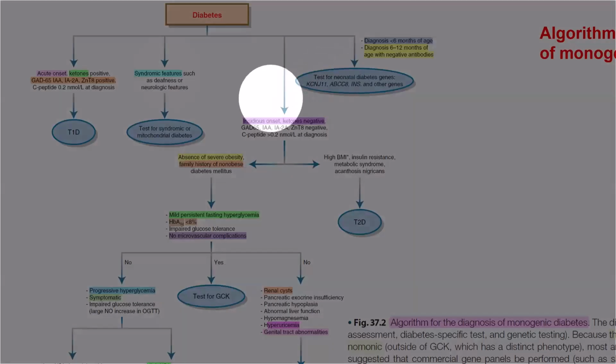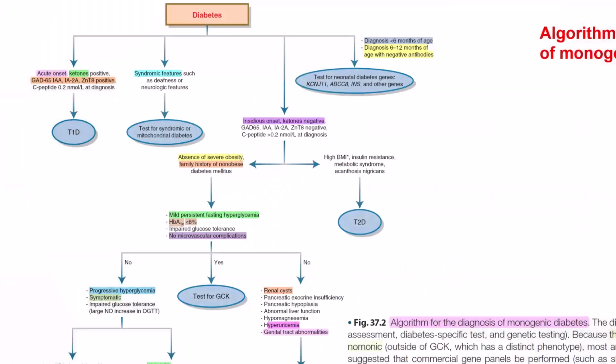If we have insidious onset, ketones negative, GAD and other autoantibodies negative, C-peptide normal at diagnosis, we should suspect type 2 or other forms of MODY.